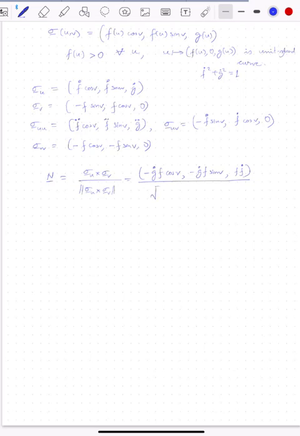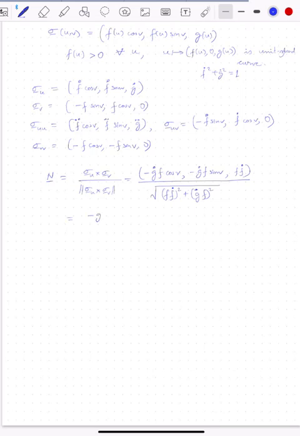So this we have square root of f dot whole squared plus g dot f whole squared, right?